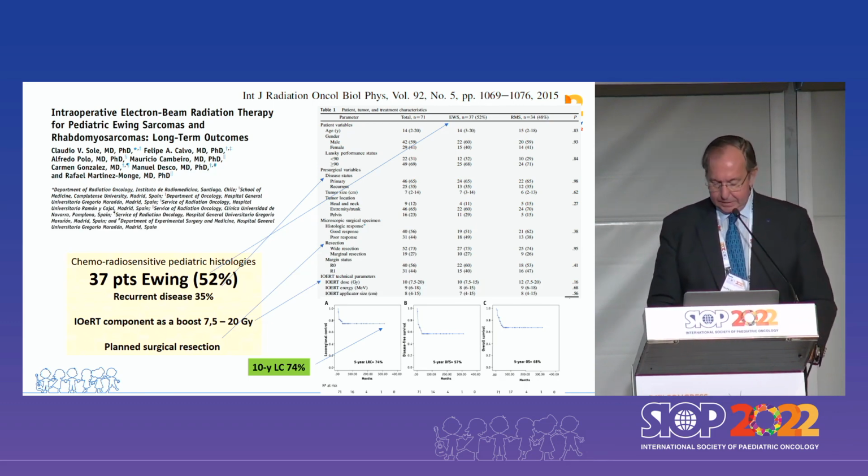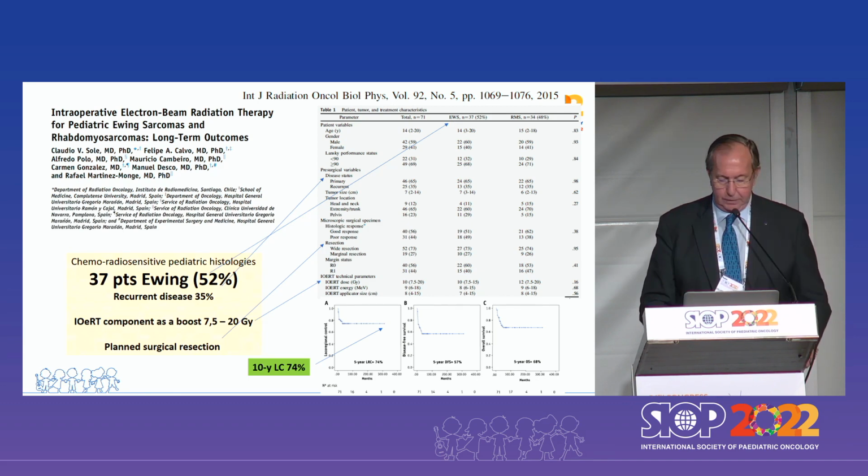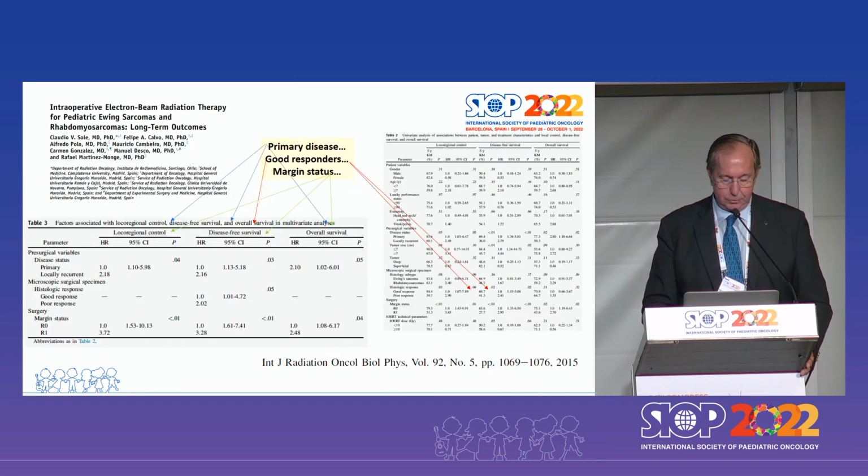In our case, 37 patients were treated. Most of them had recurrent disease, and the results were good enough in terms of local control and survival. We were able to find some prognostic features. Primary disease was positive, good responders was positive, and margin status was also a positive feature for long-term outcome.